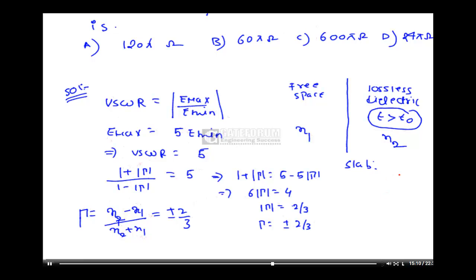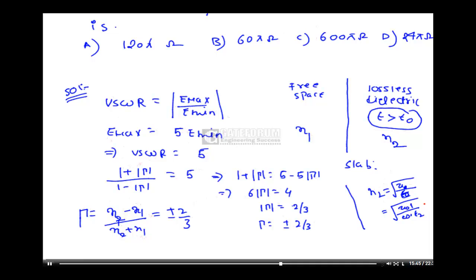If you calculate eta 2 using the normal formula, eta 2 is equal to the square root of mu by epsilon, that is mu naught mu 2 divided by epsilon naught epsilon 2.